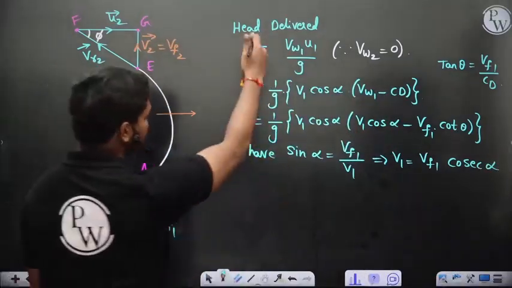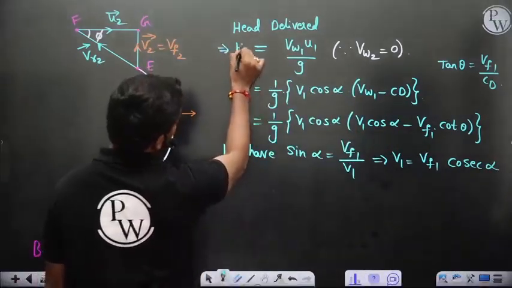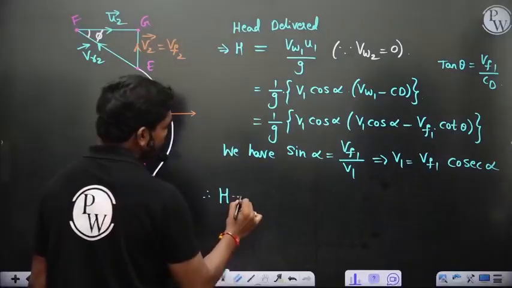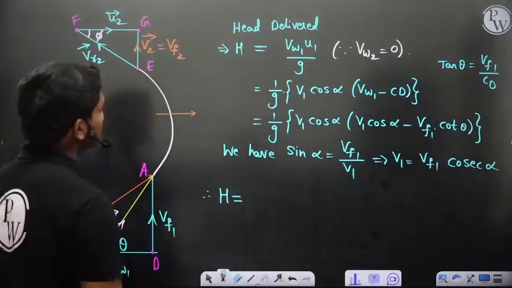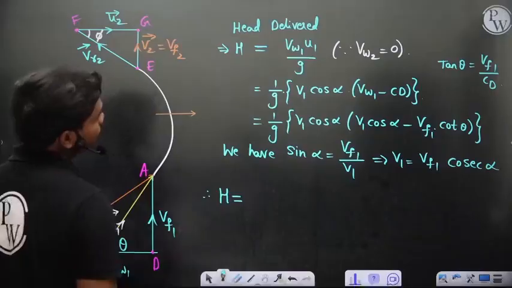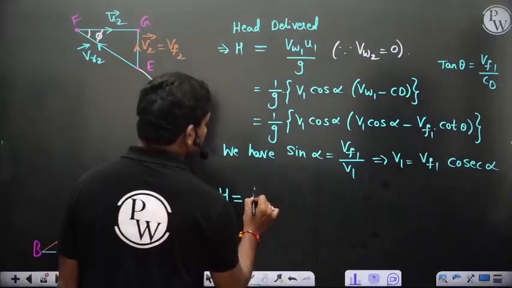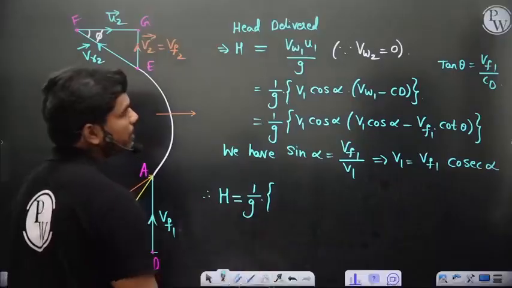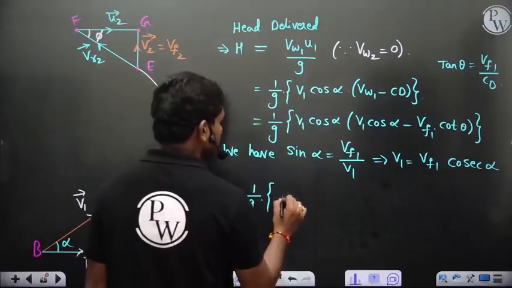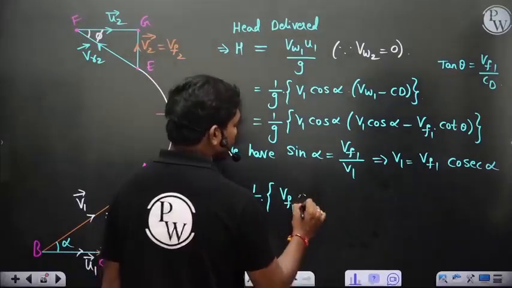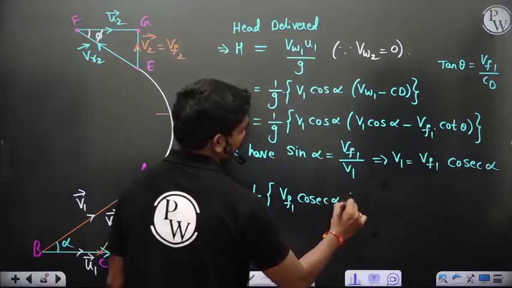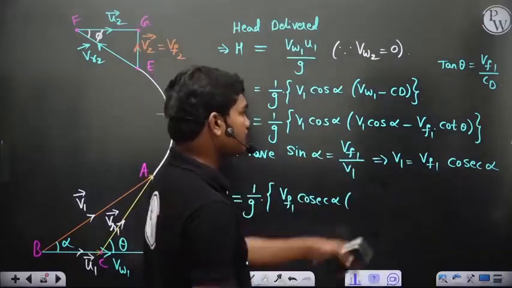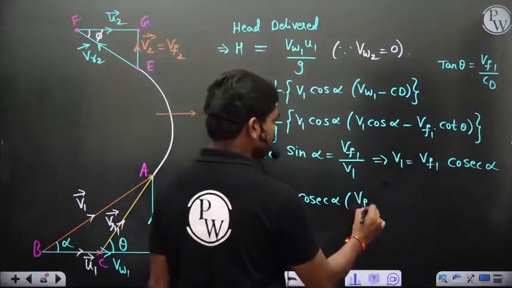Okay, so if you replace here, h is equal to 1 by g times V1, which can be written as VF1 cosecant alpha, into cos alpha, sorry, which is also there.